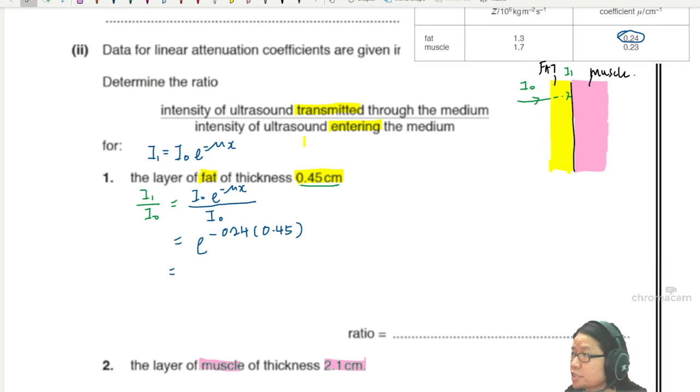As I mentioned just now, we want to stick to cm. So press the calculator. 0.24 times 0.45. Don't forget the negative.